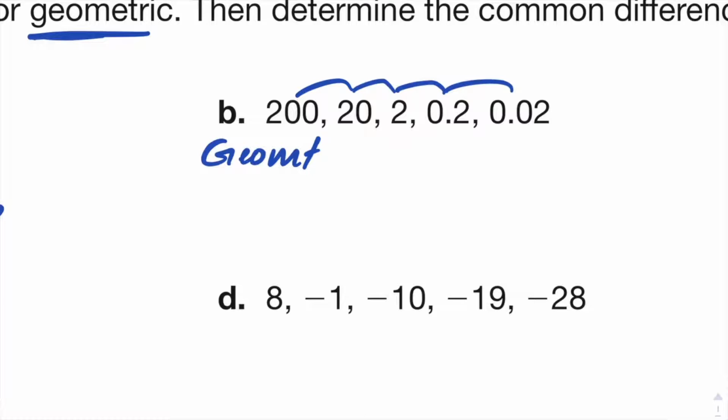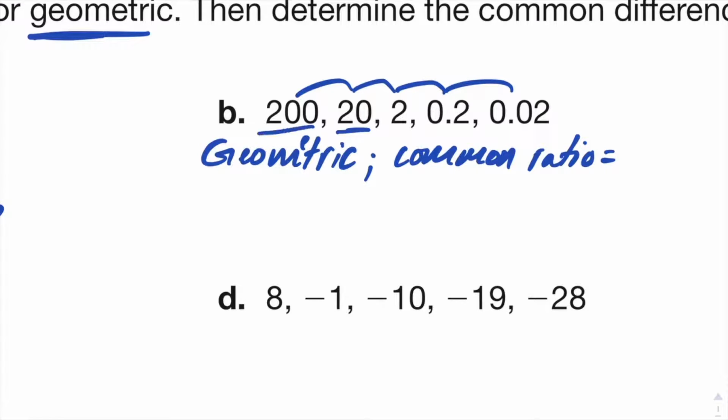And I can't spell. And with geometric comes a common ratio, not the difference. Let's go ahead and do dividing the second term over the first term.